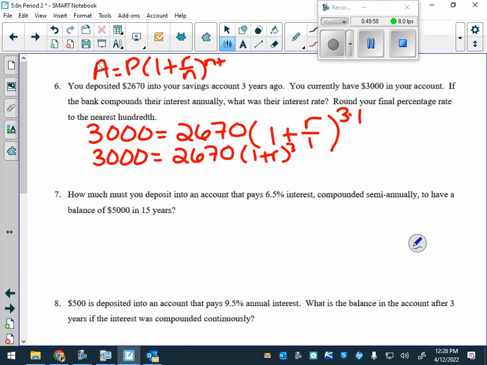You would divide both sides first by 2670. Okay, so you could do this in your calculator. 3,000 divided by 2670. Leave that in your calculator. Okay.